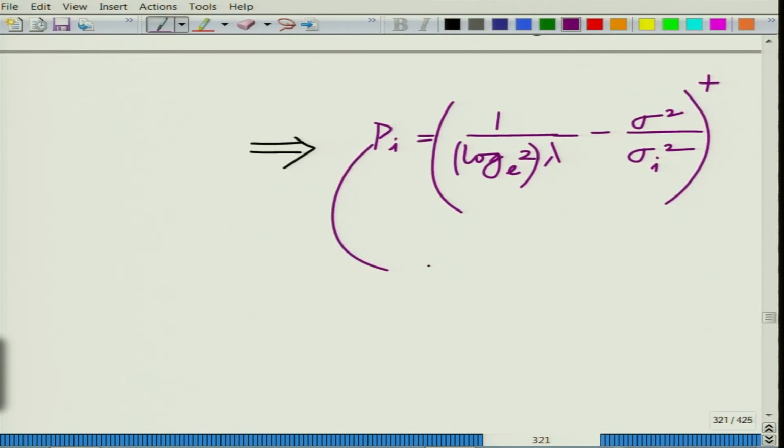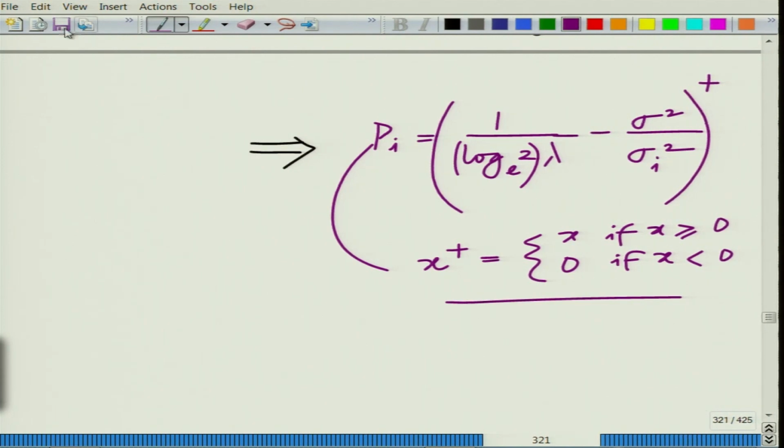So, where x plus equals x if x is greater than or equal to 0, and 0 if x is less than 0.